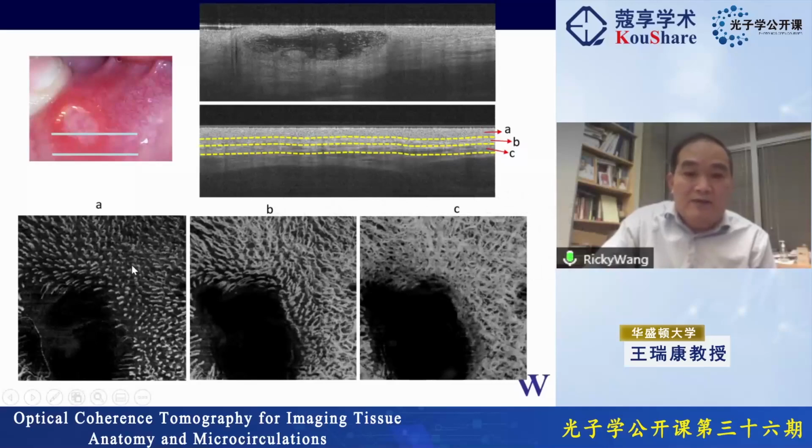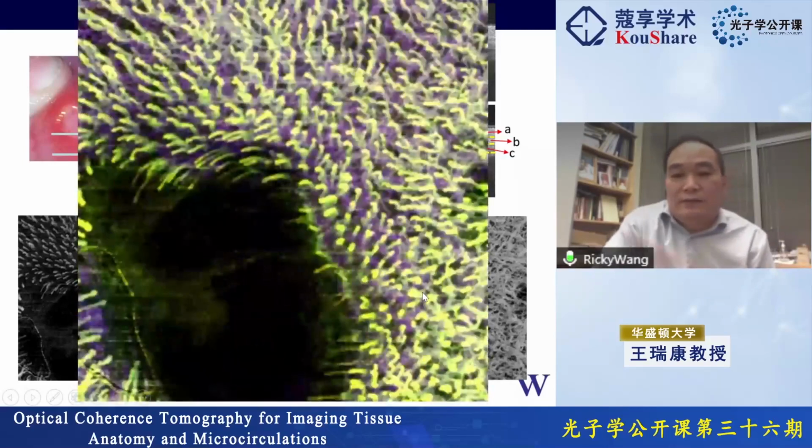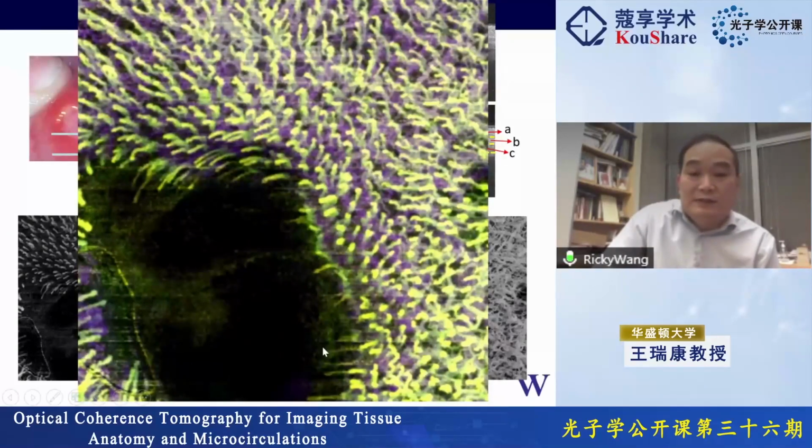In the papillary layer, the vessels look like pin vessels, about perpendicular to the surface. This is the collagen layer, or lamina propria layer, and this is the muscle layer. And you can use color coding to look at how the vessels are involved in this disease in much detail.